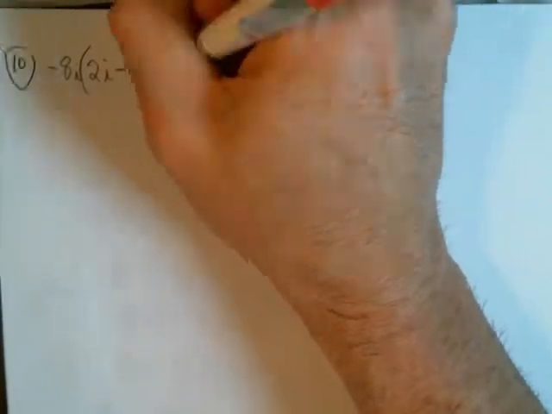Let's look at multiplying these things together. So I have, for example, number 10, negative 8i times 2i minus 7. So you're going to distribute and multiply together the i's just like you would with variables.